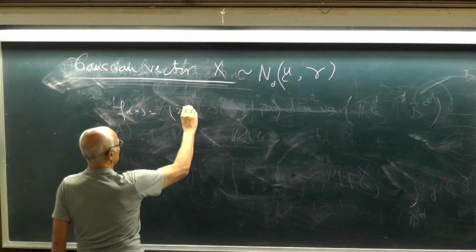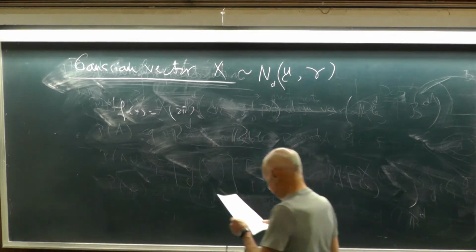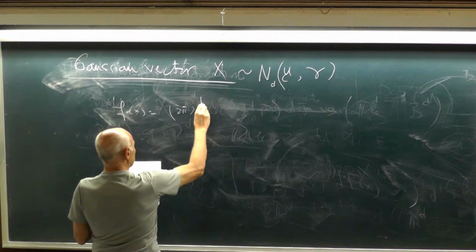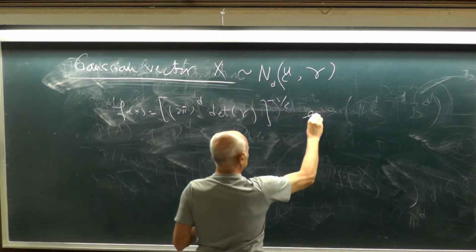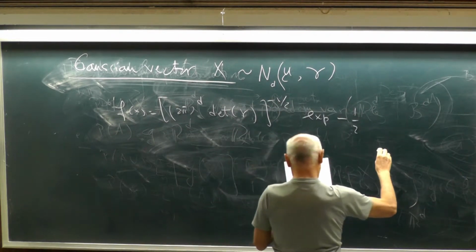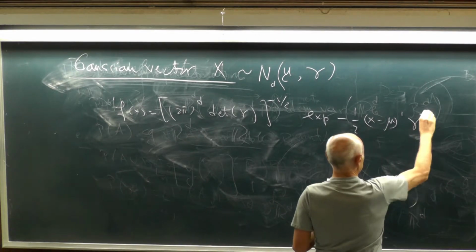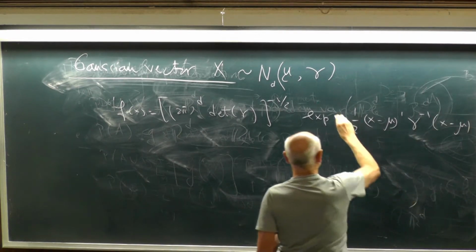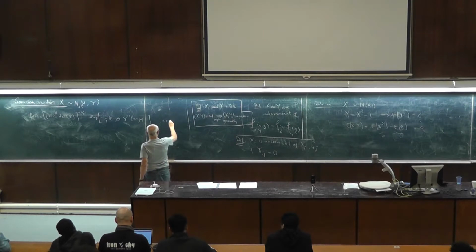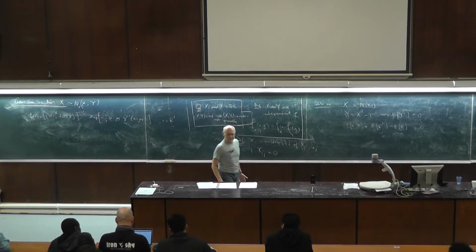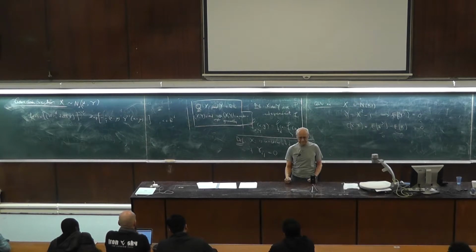I think this is a half here. Let me look to make sure that I get it right. Okay, so you recognize in this formula, all I need to specify is the mean vector and covariance matrix.